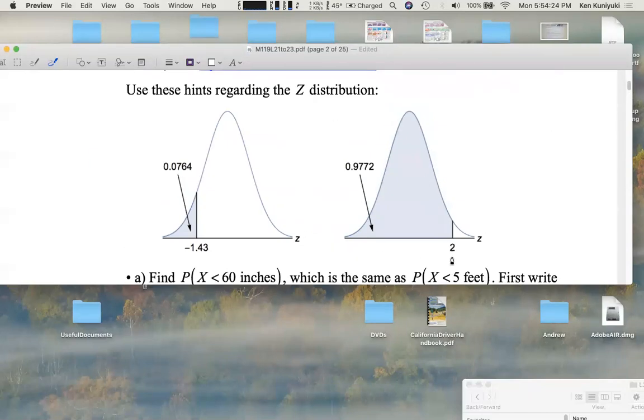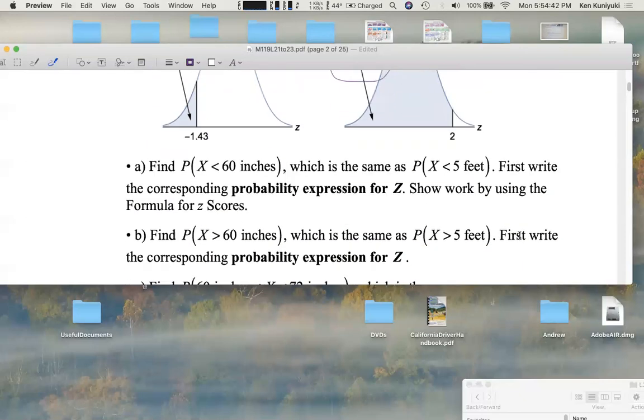The probability to the left of 2.00 was 0.9772. The smaller probability, to the left of negative 1.43, was 0.0764. We have to subtract these two probabilities to get the middle in-between probability, or area.